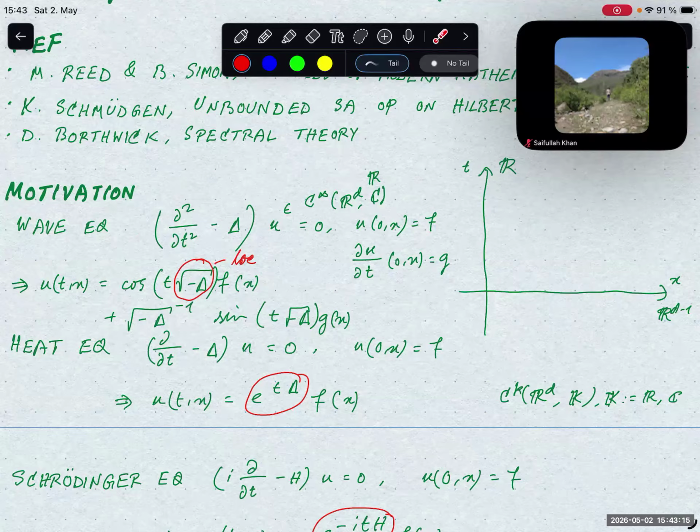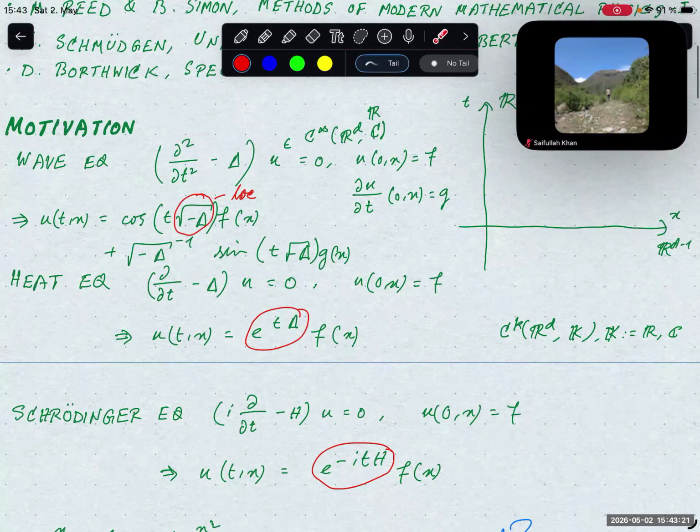In fact, this is very typical of hyperbolic equations. On the other hand, if you take an elliptic equation, like the Laplace equation, then the solution space is finite dimensional. So in classical mechanics, infinite dimensionality also arises depending on what you are doing.